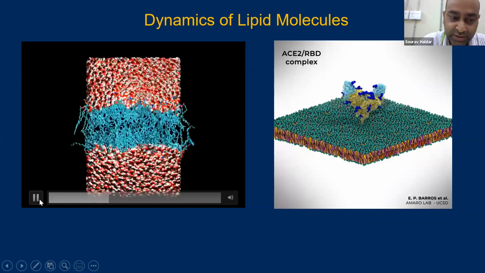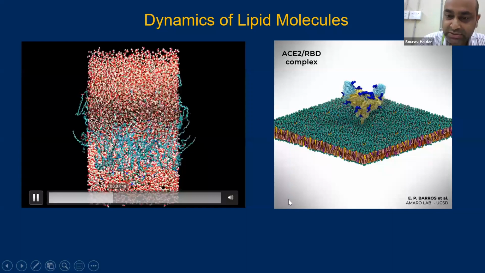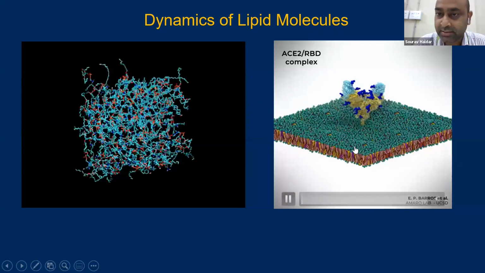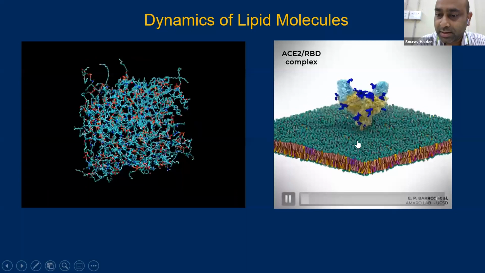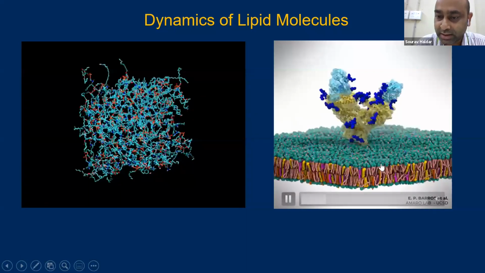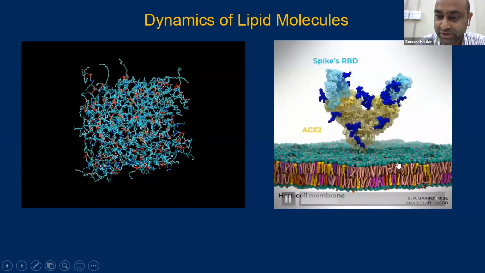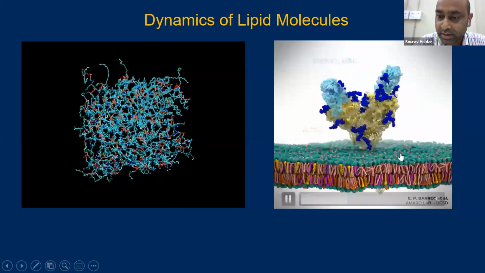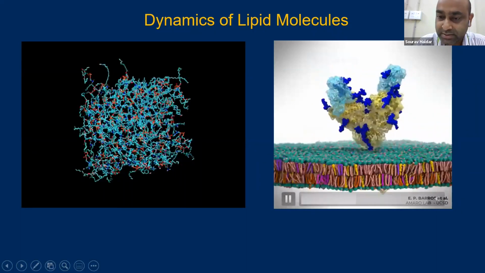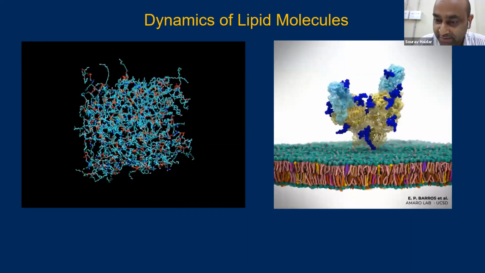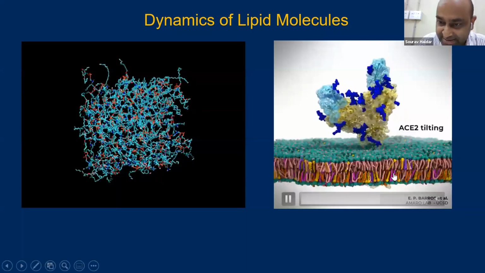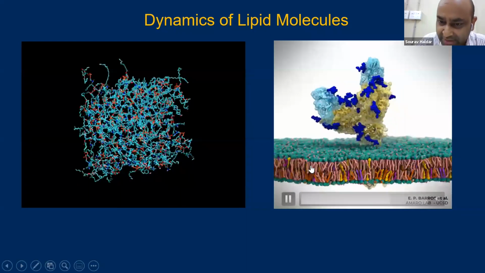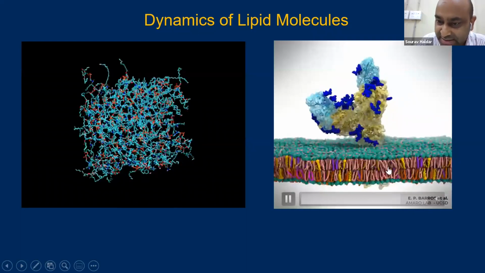Okay, so similarly, in this movie also, we can see how the lipids are exhibiting some dynamic features, basically rotational and translational motion. If you look carefully, you will see that the lipids are actually changing their position.